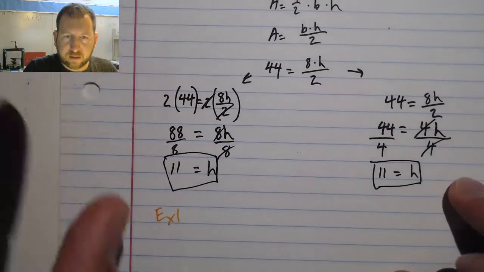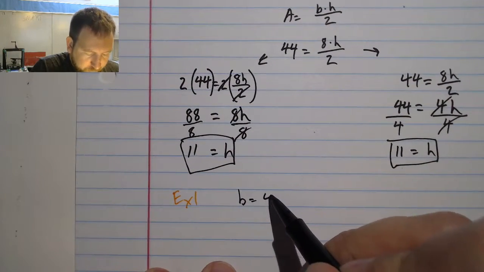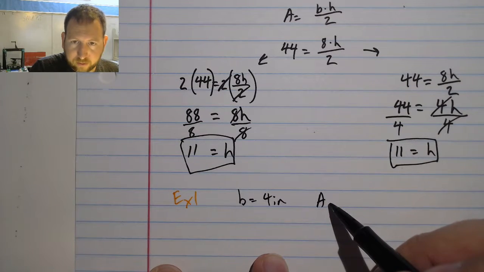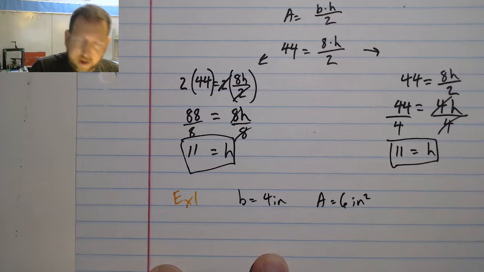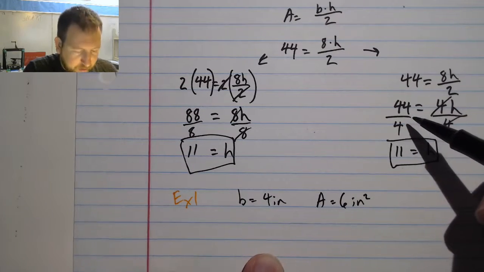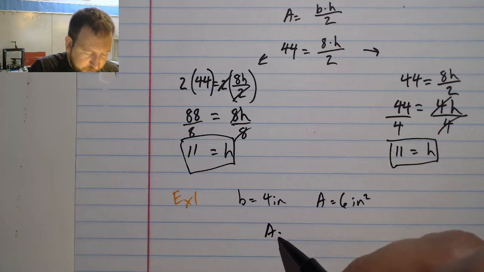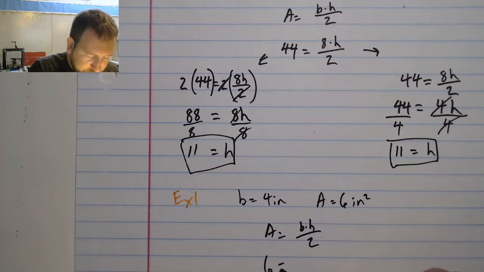In this case, we have a base of 4 inches and an area of 6 square inches. I forgot my units up there. I'm awful at remembering those. Let's use our formula. I'm going to write area equals base times height over 2. I'm going to plug in what I know: 6 equals 4 times h over 2.